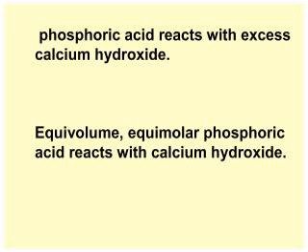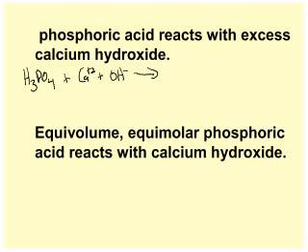Phosphoric acid reacts with excess calcium hydroxide. Phosphoric acid comes from phosphate, H3PO4. Calcium hydroxide is a strong base, so I'm going to go ahead and ionize it. Now, if it says excess calcium hydroxide, that means I've got tons of this and tons of this.